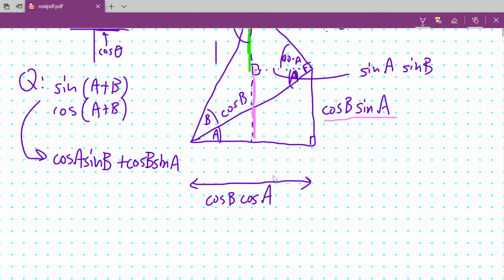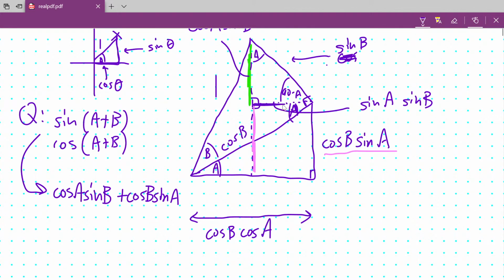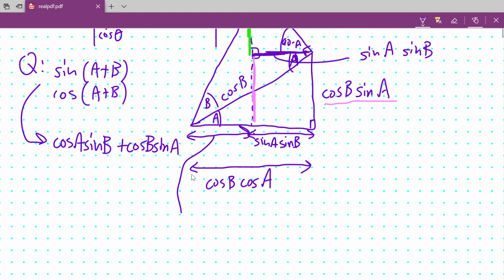Notice that cos B cos A here is the whole length of this triangle, and we know that this little part here is sine A sine B. So if we want to find out this final length here, which will actually be the horizontal of this entire triangle with the radius 1 and the angle A plus B, this length is going to be equal to cosine A plus B, or rather, this total length minus this portion, or cos B cos A minus sine B sine A.